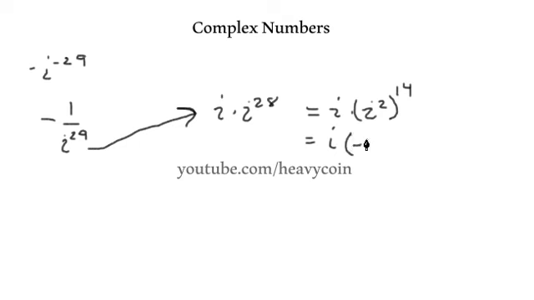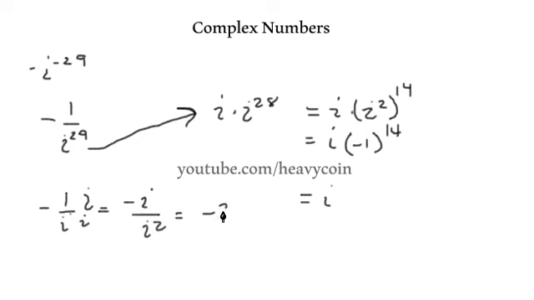So now we have -1 raised to the 14th is a +1, so we're just left with an i here, so that's just going to be -1 over i. And of course, we multiply the top and the bottom by i, so we have -i over i squared, and -i over -1. So this all reduces down to just i. Right? Negative over negative is positive. So this is equal to i.